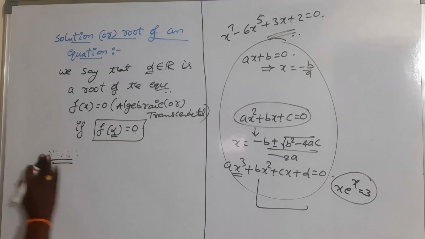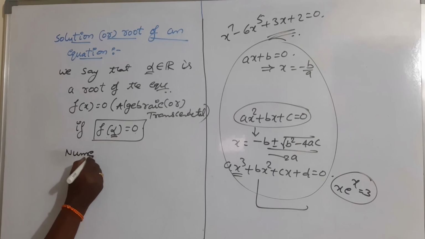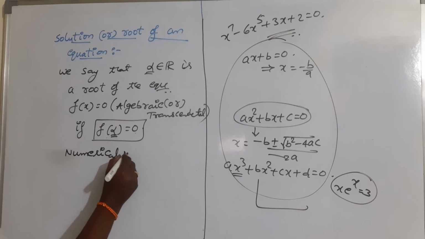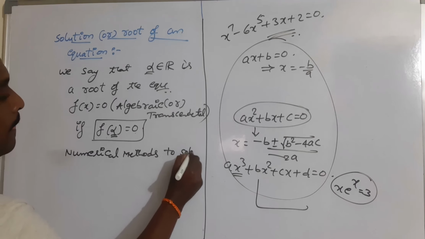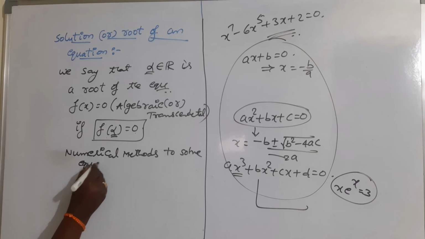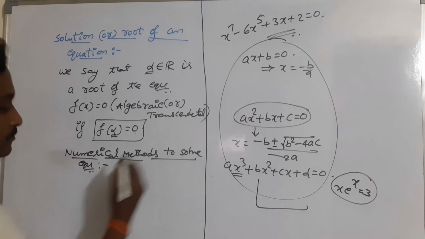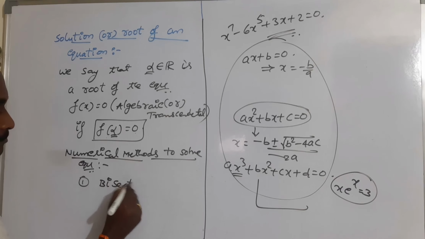So, heading: numerical methods to solve equations. The very first method is the bisection method.